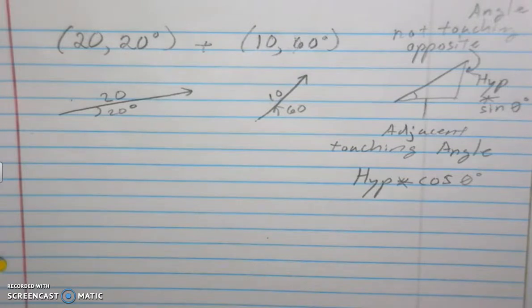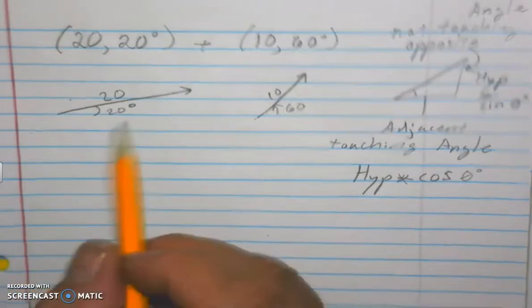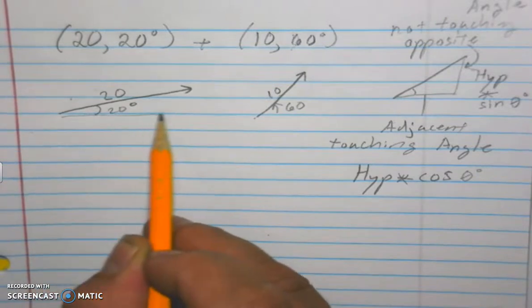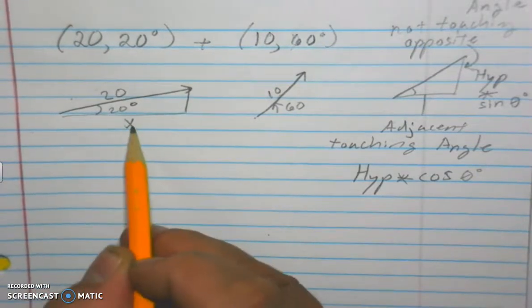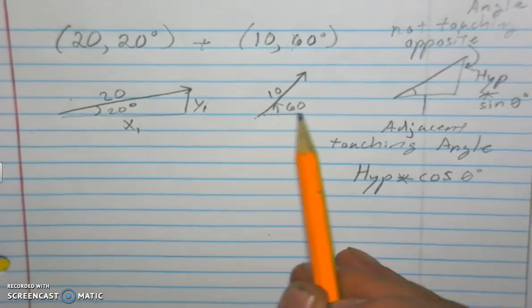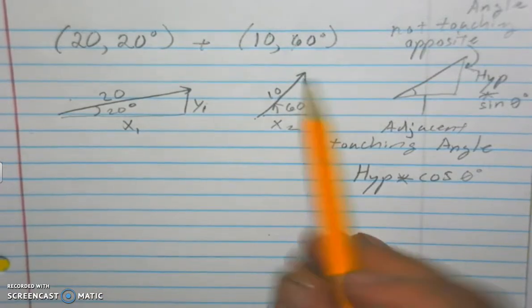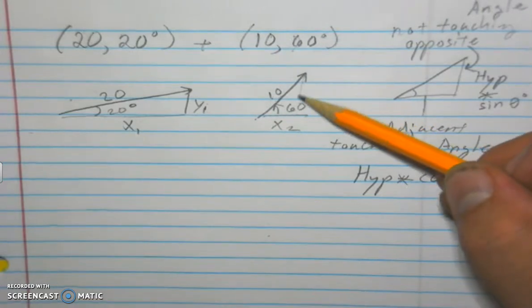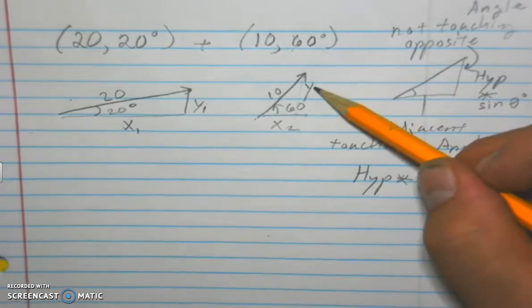Okay, so here is x1, here is y1, call this x2, here's y2.